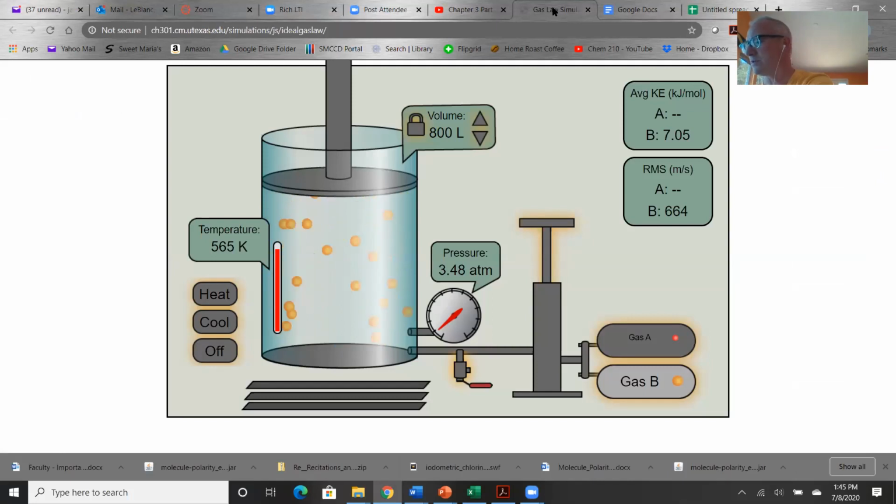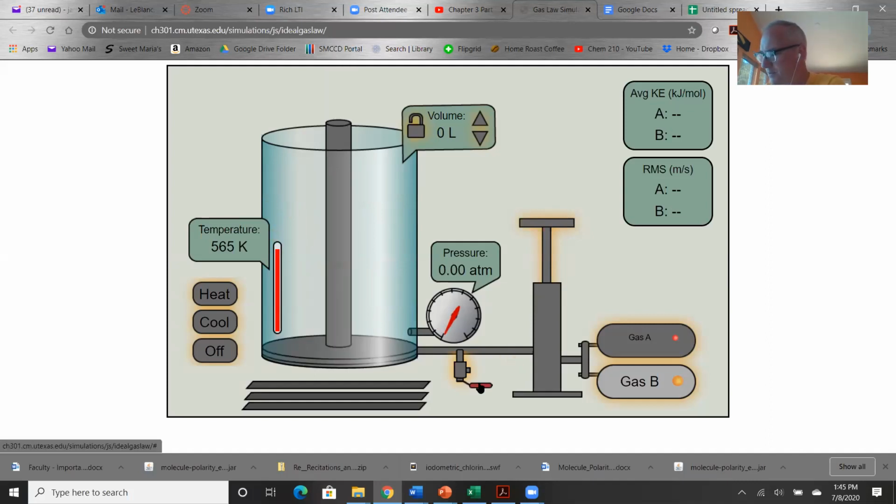All right, so Charles' law, I don't think we've done that one yet. That's the temperature and the volume for that particular one. So let's release all of our gas.